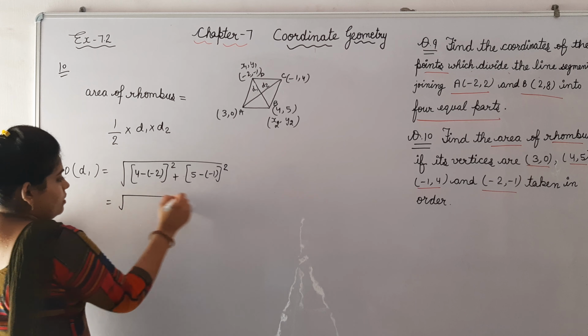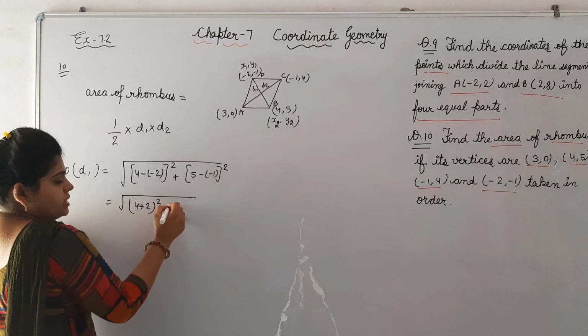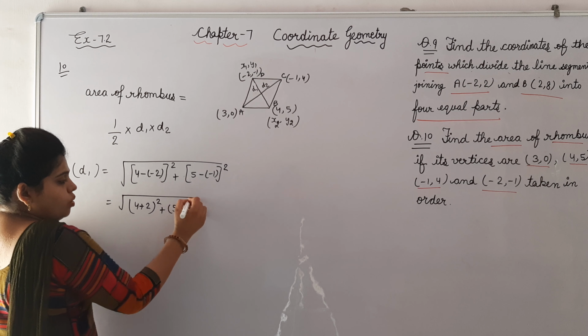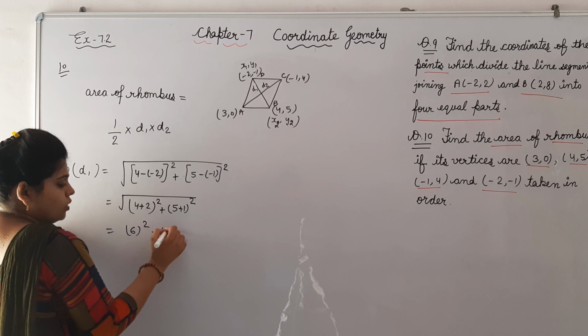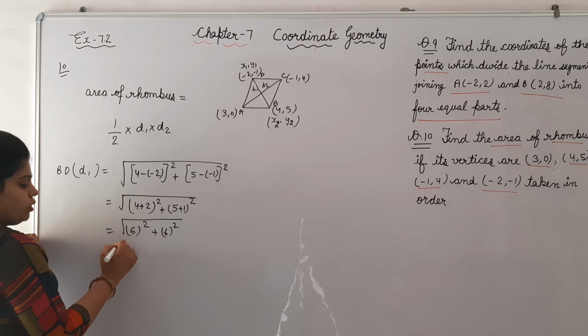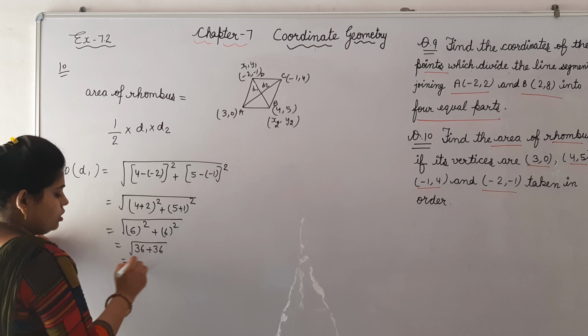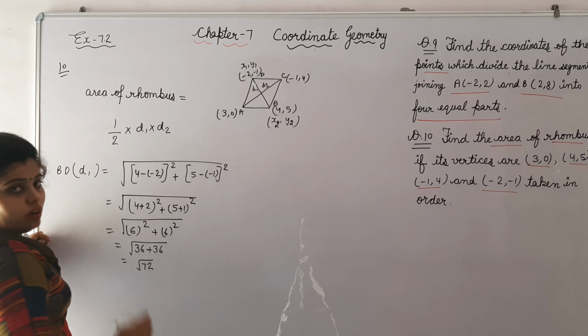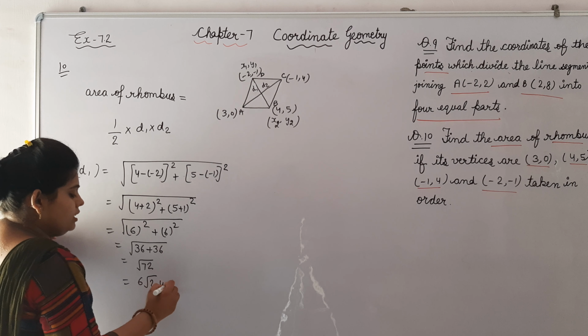Now from here 4 plus 2 whole square plus 5 plus 1 whole square, means 6 square plus 6 square, and its square root. 6 square is 36 plus 36 and its square root. Root 72. How will we write it? 6 root 2 and it is in units.